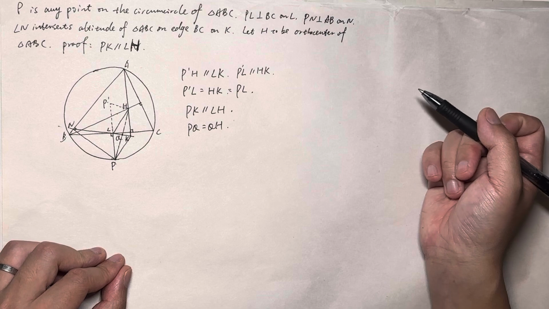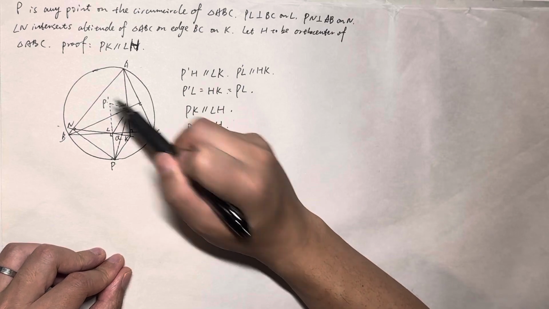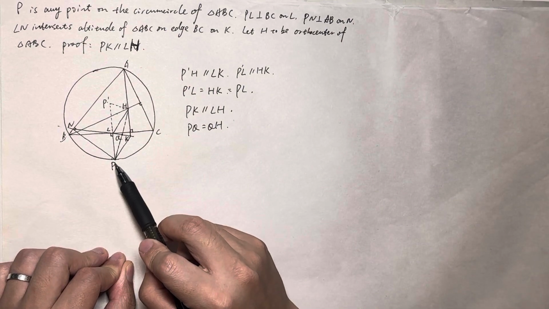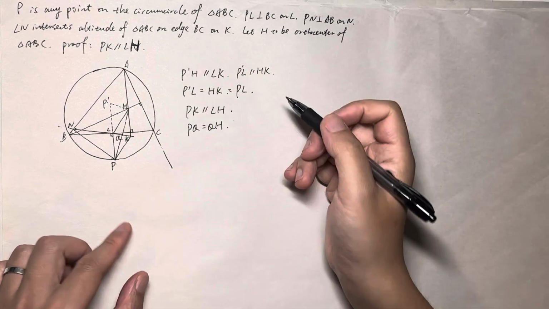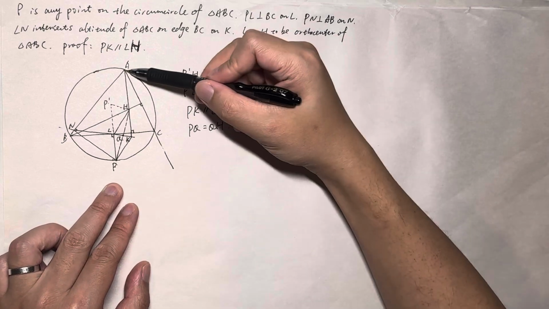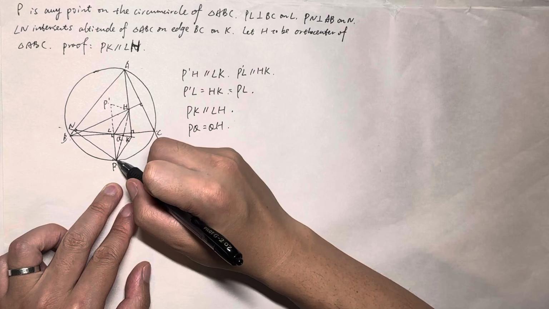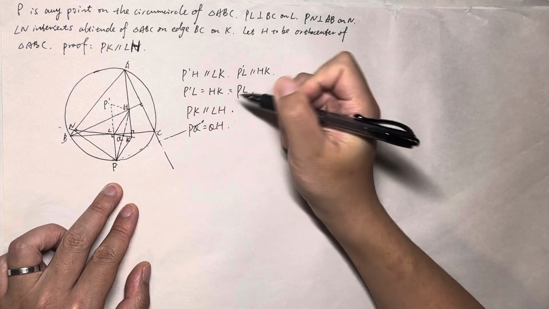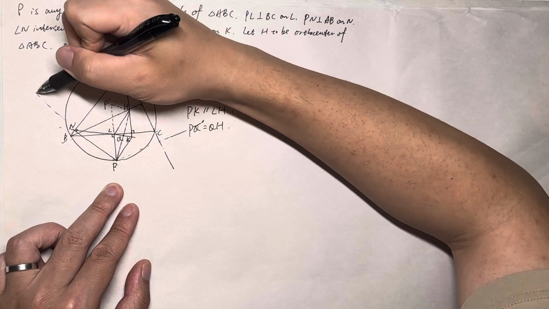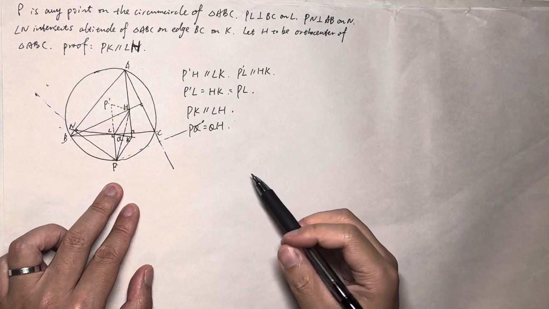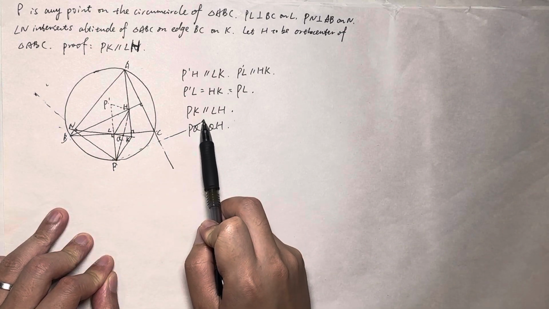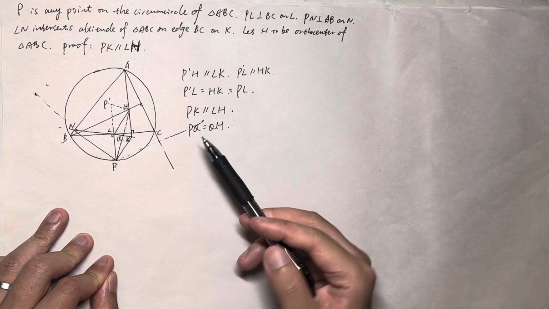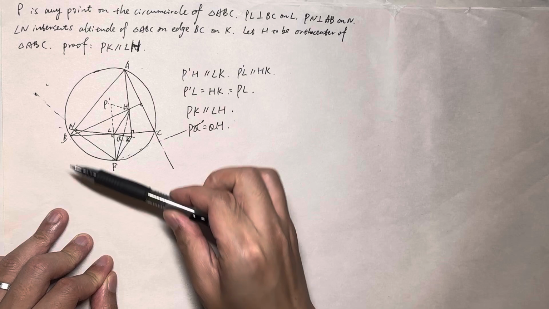And I also want to show another thing. Because P prime is a symmetrical point of P, if we find any symmetrical point of P on the line AC or AB, so let's draw another line here and mark another point here, we already proved that this point and this point, these three points are collinear and parallel to the Simson line.